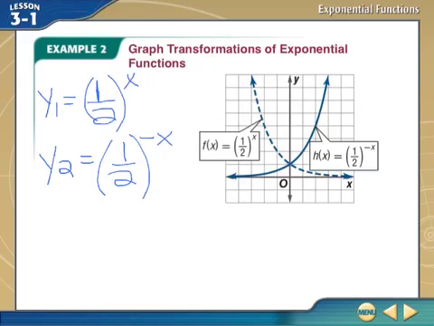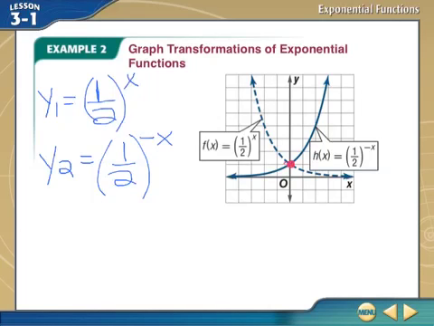And any point that is on the y-axis, since we're reflecting f of x over the y-axis, if the point is on the reflection line, when you reflect that point, it lands on the same line.